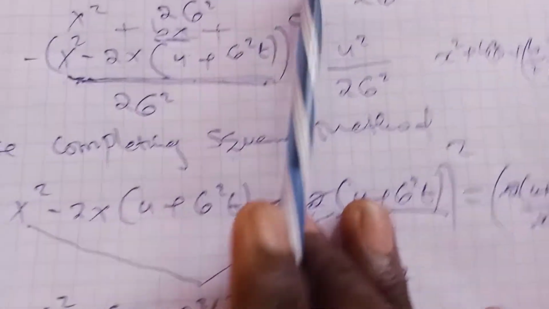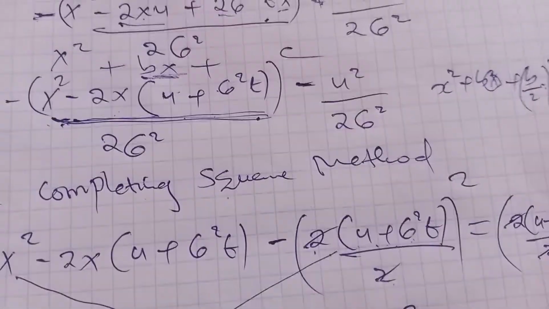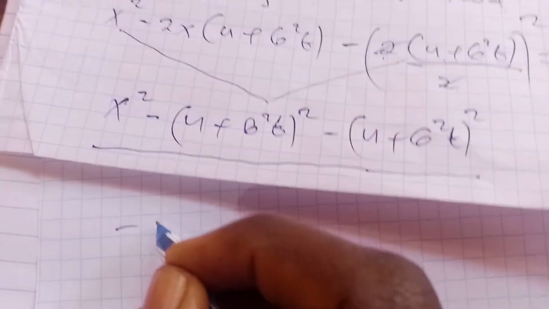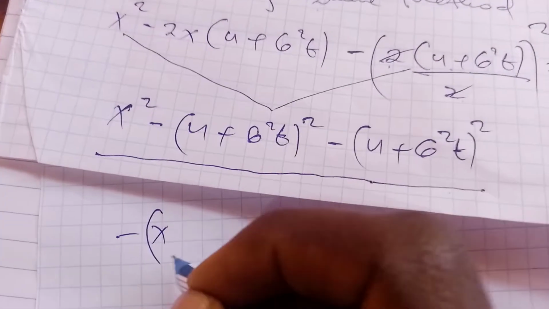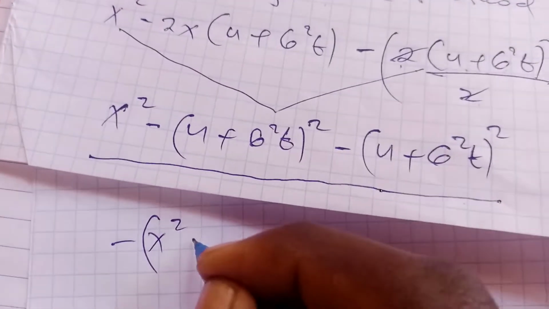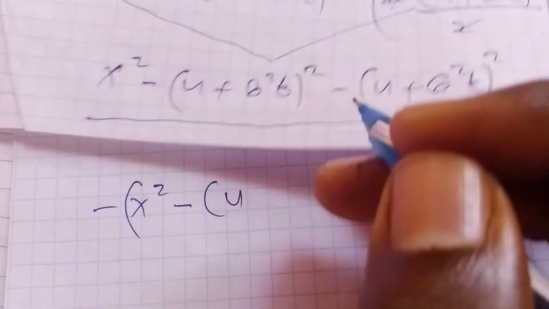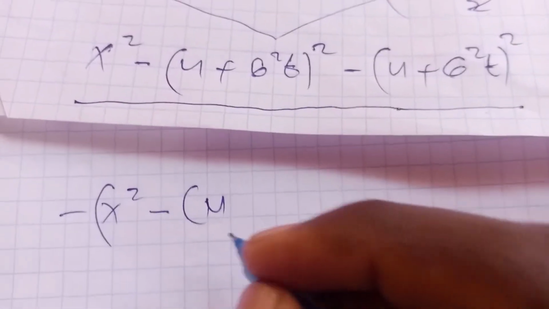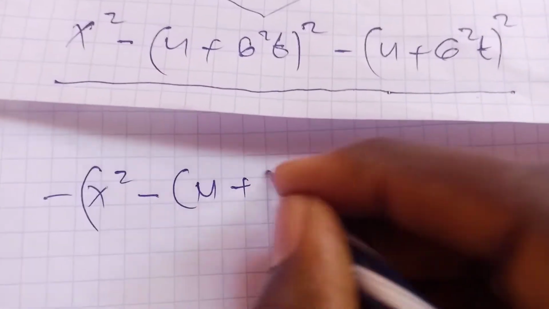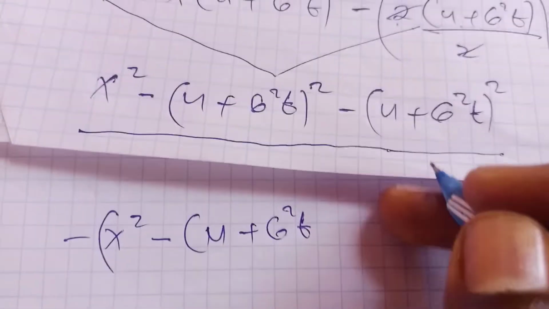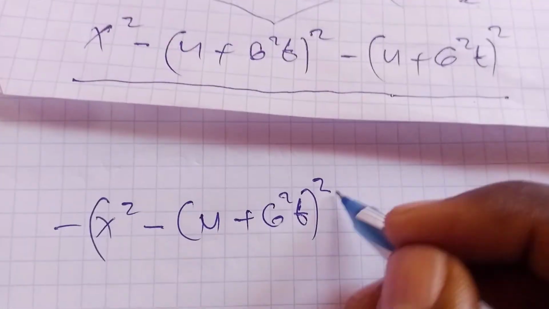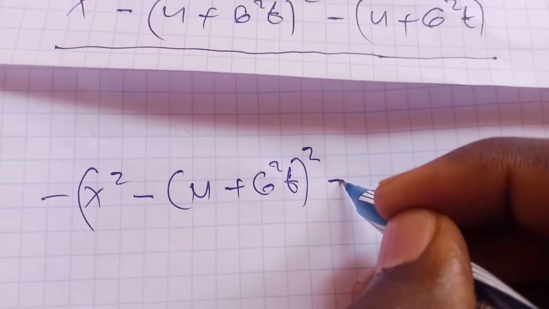So when we replace it here, I'm going to get negative (x minus (u plus sigma squared t)) squared.